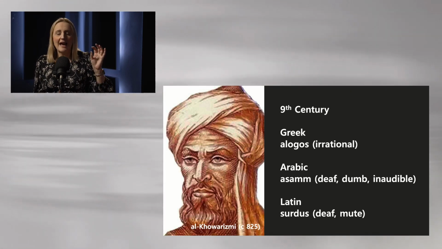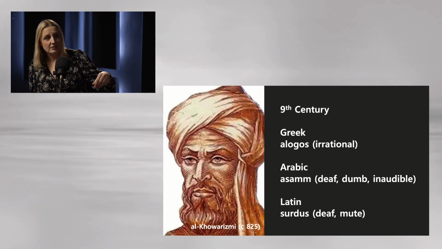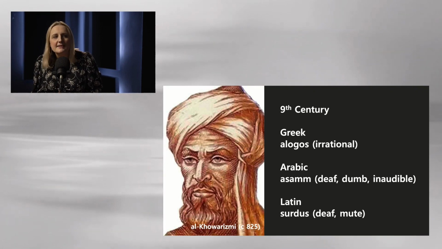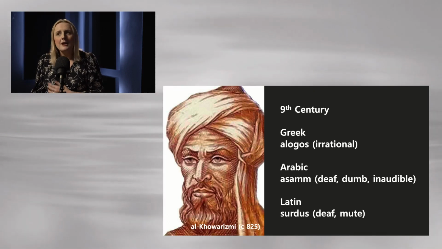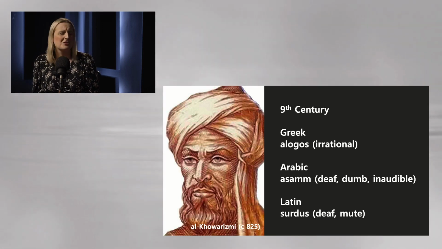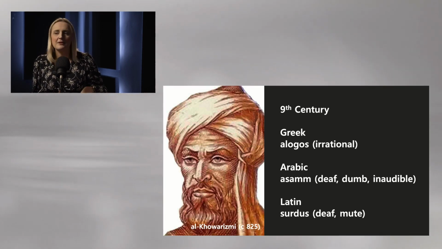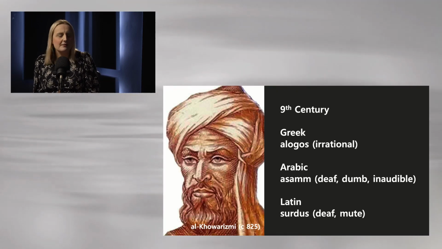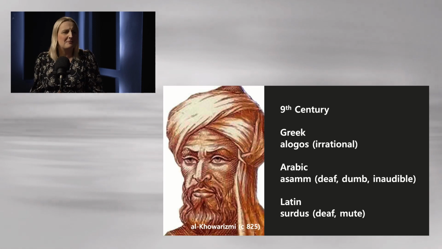The A at the beginning means not, and then logos means rational or reasonable or logical, because they thought all numbers were rational, and they really struggled with the idea of an irrational number. If you know anything about Pythagorean history, some people got murdered for thinking that numbers could be irrational.